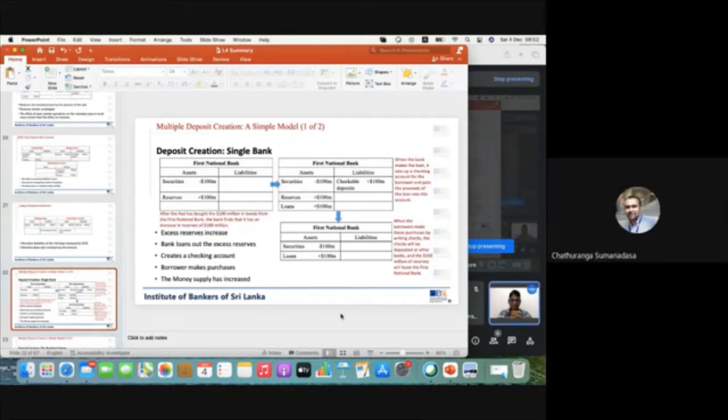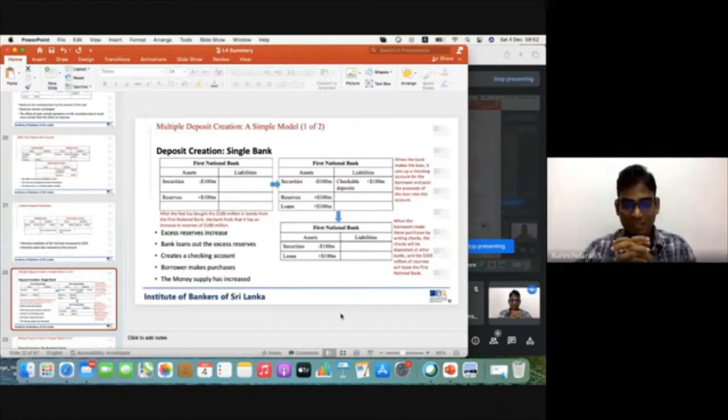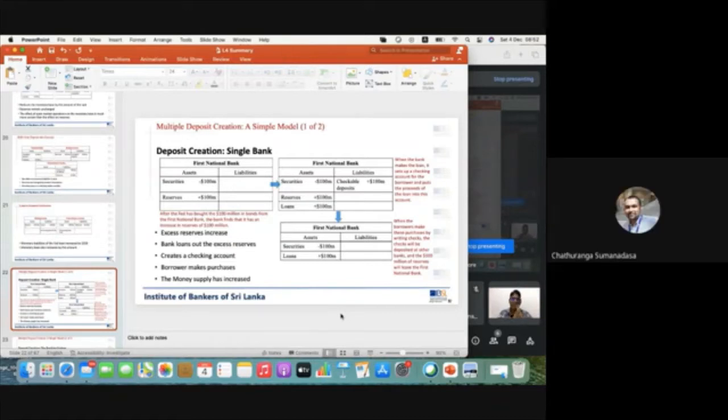But simply the borrower will not take the money to put as a deposit. It will be used in, let's say, asset creation or construction purposes, whatever it is. But anyway, it is explained in the third table, sir. It will go to another person and get credited in that person's account. Exactly, yeah.